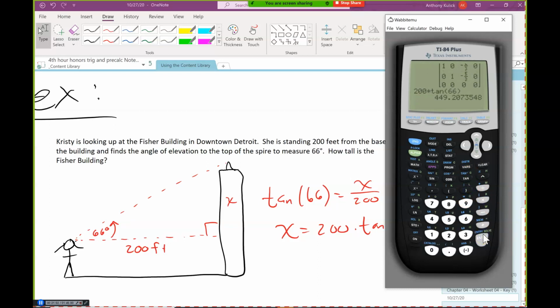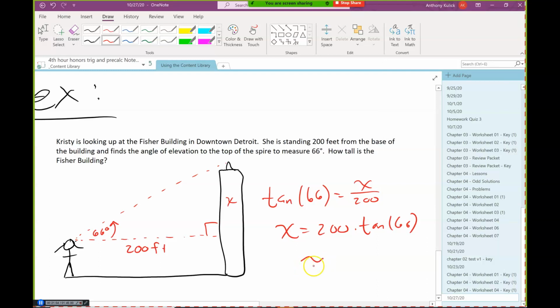I'm warning you right now because every year somebody forgets to do it. It's a mode problem. Everybody feel okay with that example? The hardest part is getting the setup down, right? Once the setup is set, solving the triangle is usually pretty easy.